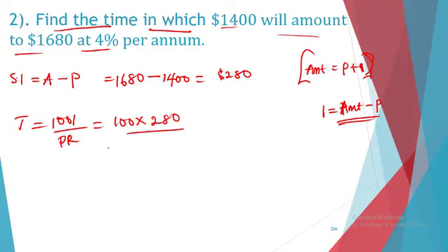Our P is 1,400 times our R, which is 4%. Then if you calculate this, it will give you 5 years. Very, very simple.